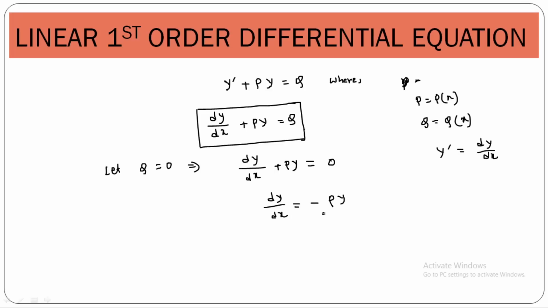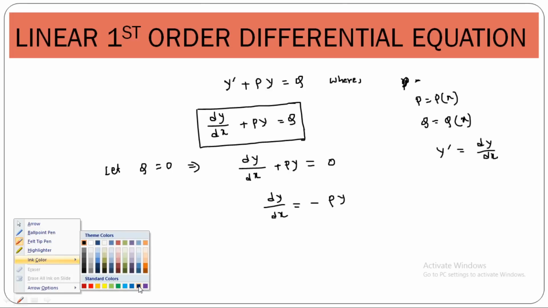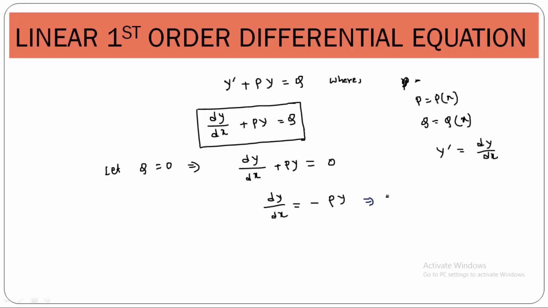Now this is separable. So if you separate y and x, you will get dy/y = -p dx. Now if you integrate, you will get ln y = -∫p dx.